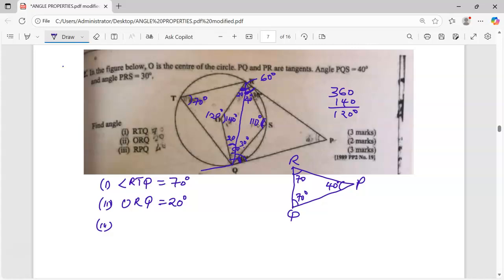Lastly, Roman 3, we have RPQ. This is the angle at the point P here, which is 40 degrees. So RPQ will be equivalent to 40 degrees, and that gives us the answer to this particular question.